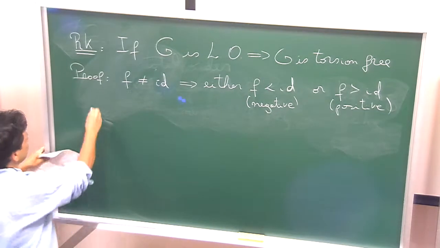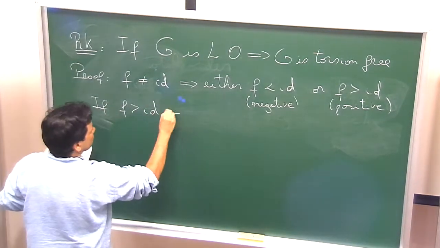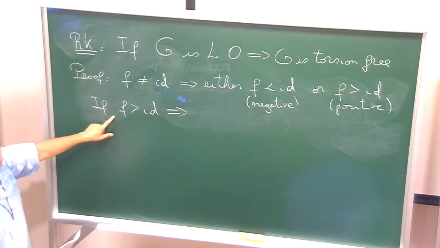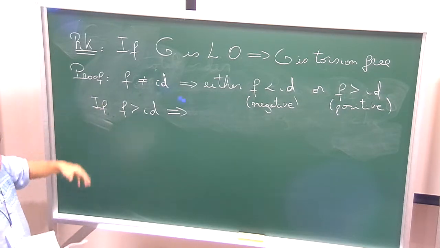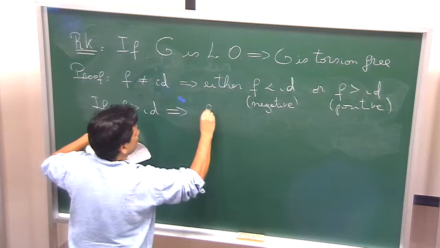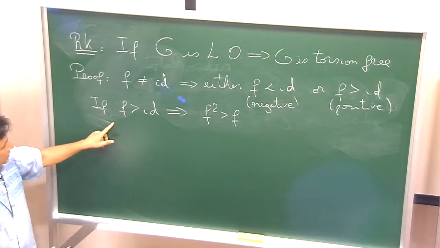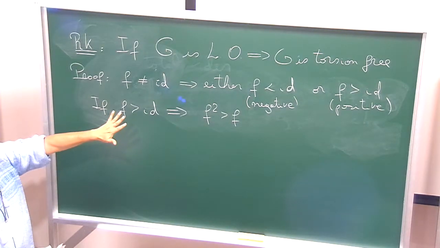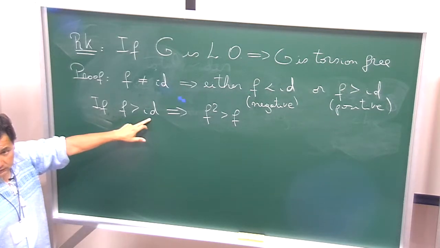So if f is larger than the identity, then I am allowed to multiply by something on the left. I will multiply by f on the left. So what do I get? f squared is larger than f. Is it okay? I am just multiplying on the left. But f was already larger than the identity, so you get this.